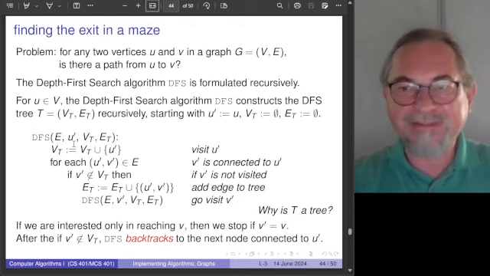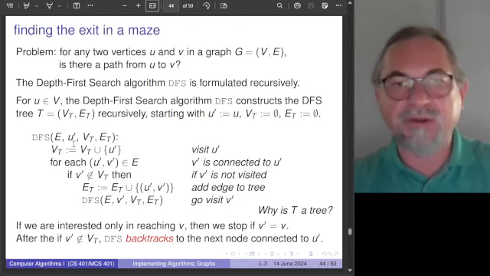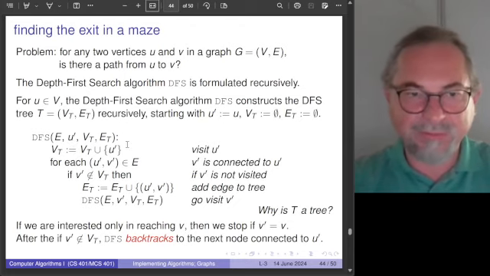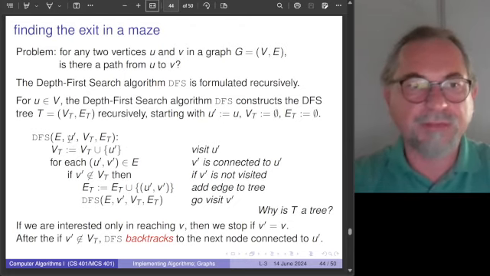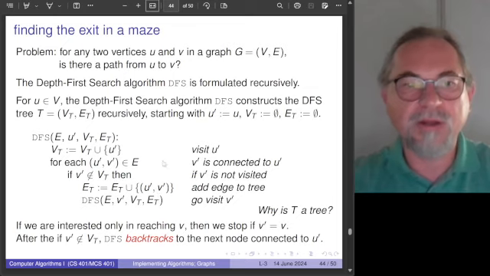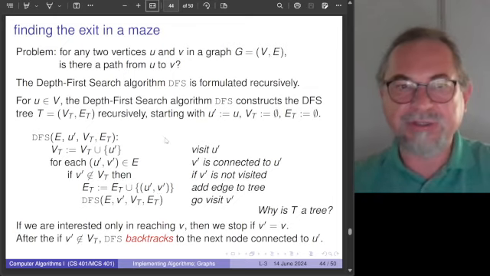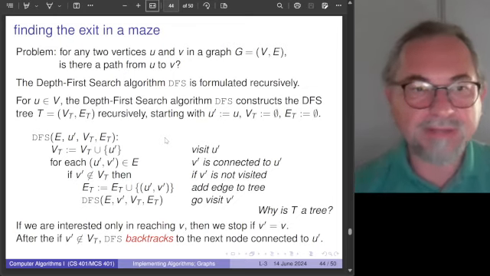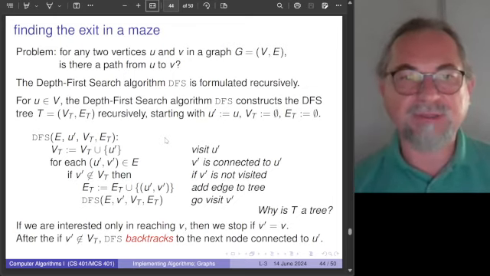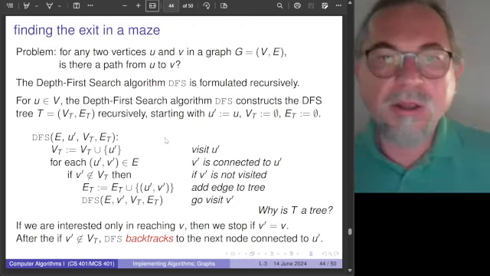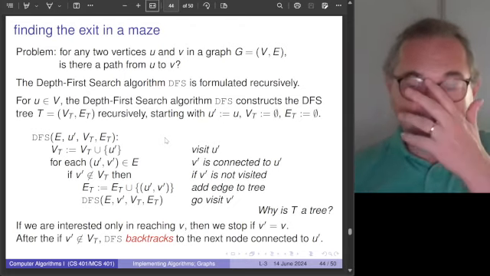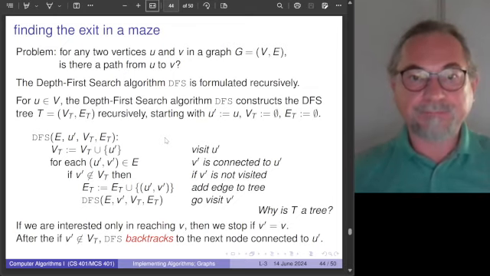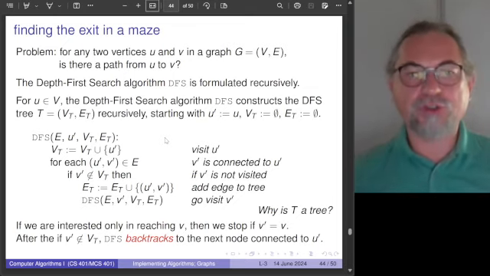So U prime is the name of a formal parameter. So it is U at the start, but it would be wrong to keep on working with U. So U prime changes. U prime becomes a neighbor of U at the time when you make the next call to the algorithm. So we are going to compute a tree as well, which will be called the depth first tree.